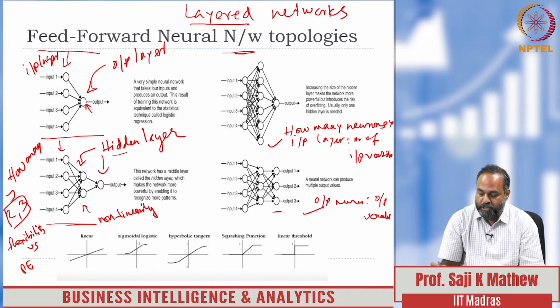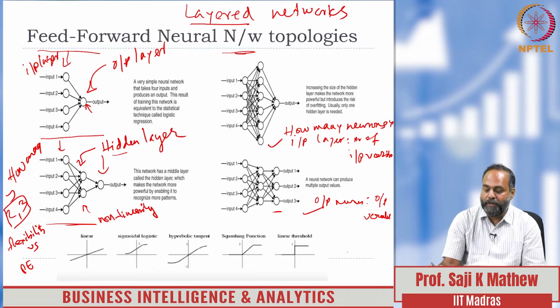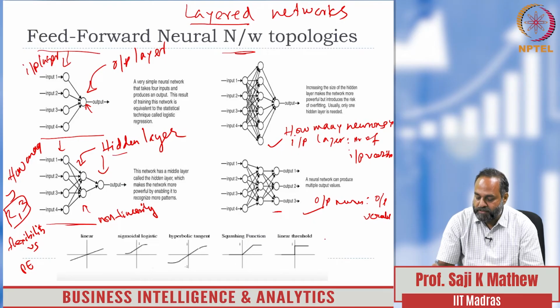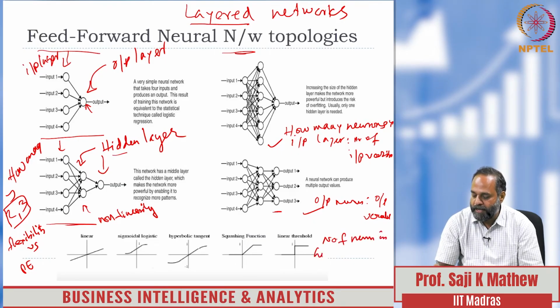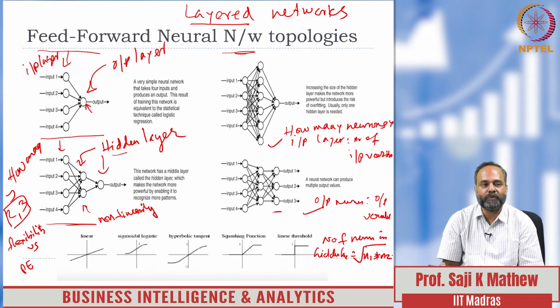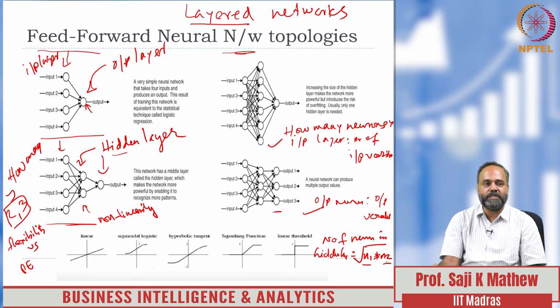There is a heuristic recommended in the paper: the number of neurons in the hidden layer is equal to the square root of N1 into N2. What is N1? The number of neurons in the input layer. N2 is the number of neurons in the output layer.